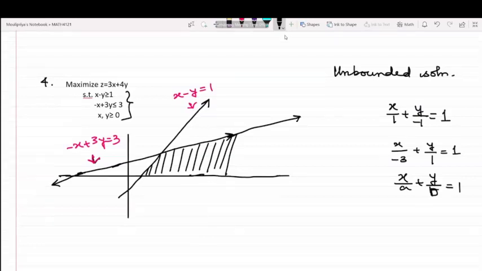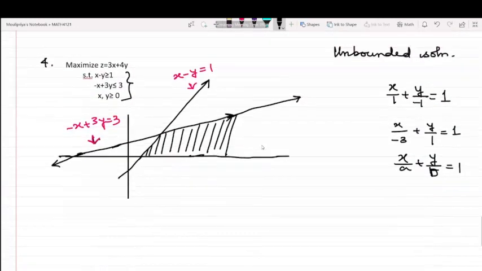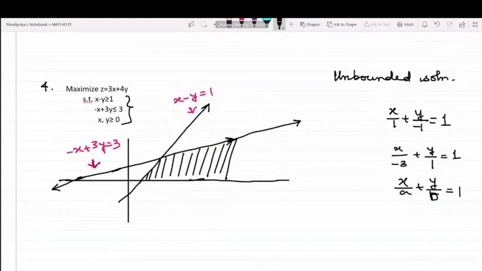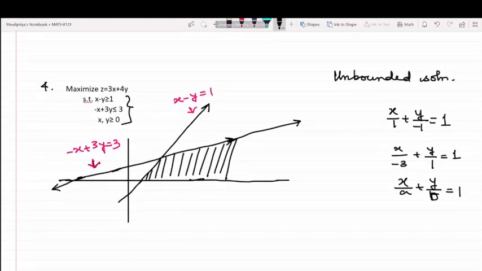Okay. Now coming to the case you mentioned, take a look at this problem. Ma'am, I have a doubt about the previous one. If the question was to minimize Z, then would we consider the two points on this side? Exactly. If the problem had been to minimize, then obviously this point would have given you the value.